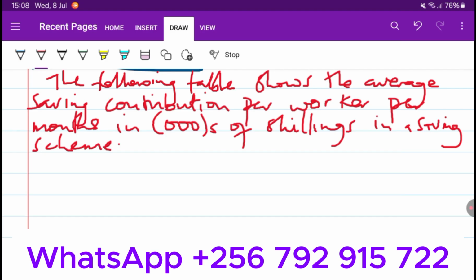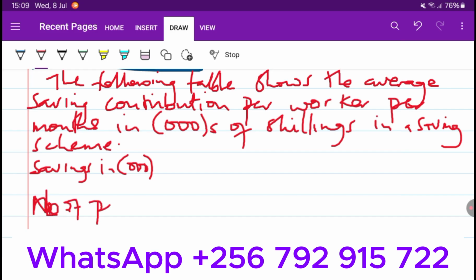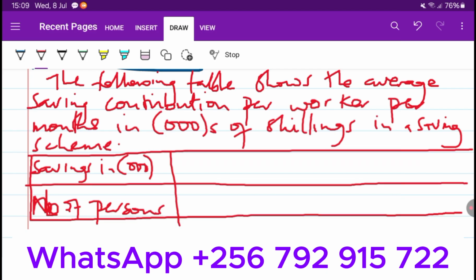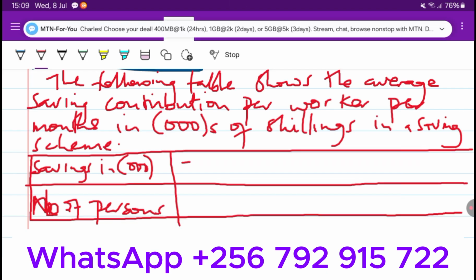We have the savings in thousands of shillings, then we have the number of persons or workers. So we have the first one as 500.